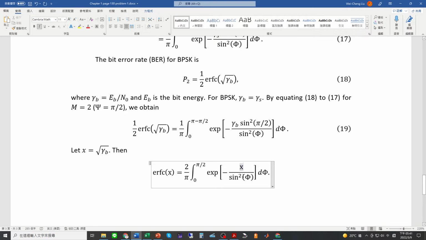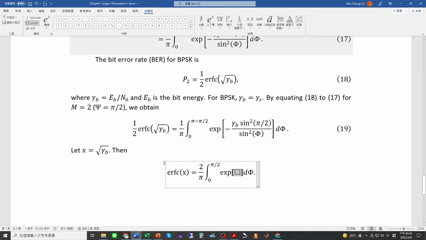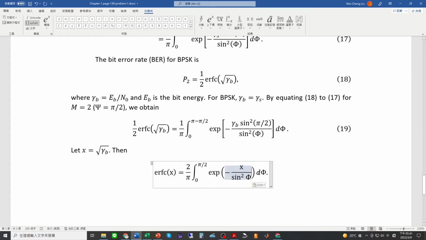And the sine square of psi, we can replace this by phi, and replace it by a parenthesis like this.